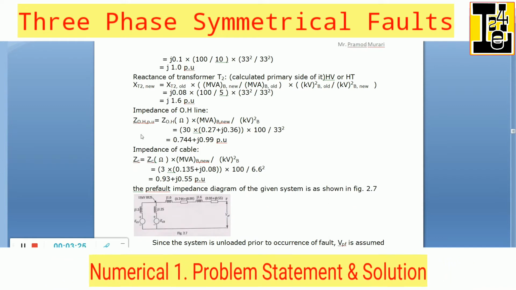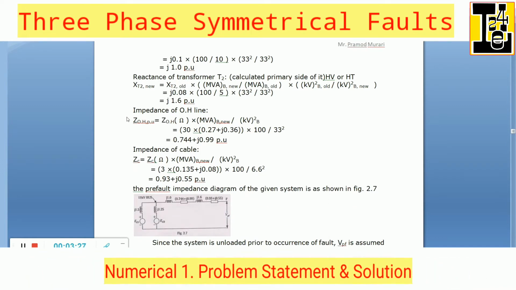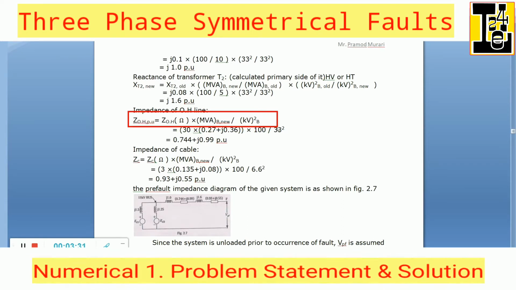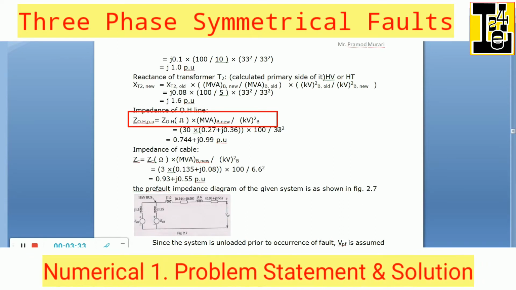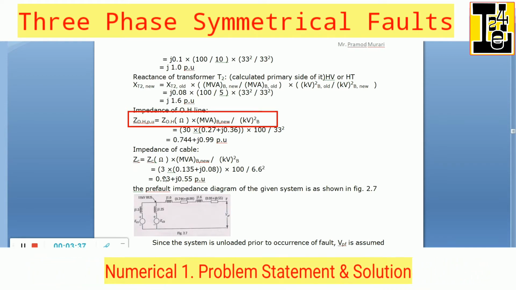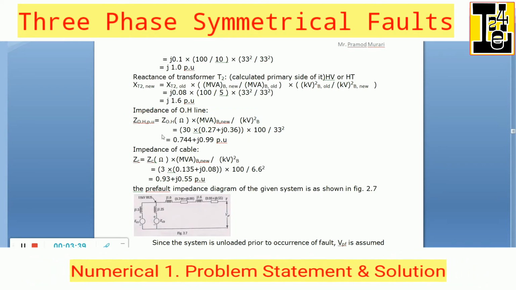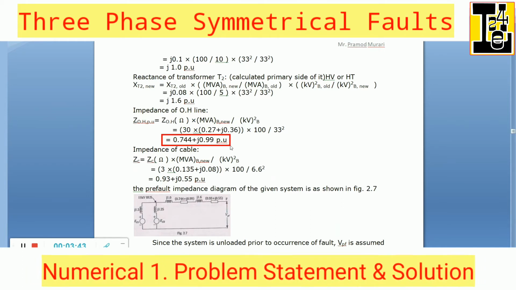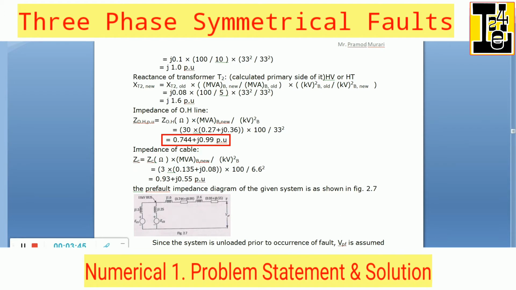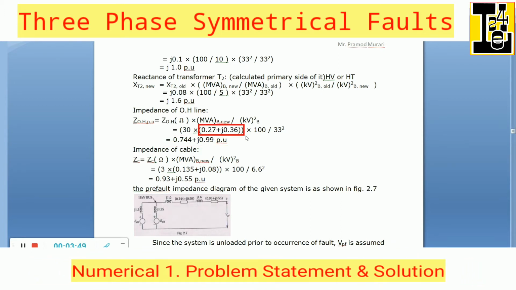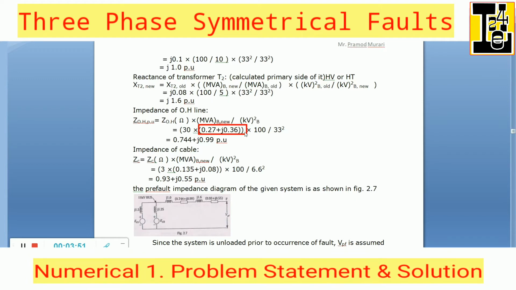Calculate the impedance of the overhead transmission line by means of the formula Z overhead per unit is equal to Z overhead in ohm into MVA base new divided by kV base squared. So the value will be 0.744 plus j0.99 per unit. The impedance value of 1 kilometer is given, that is 0.27 plus j0.36.